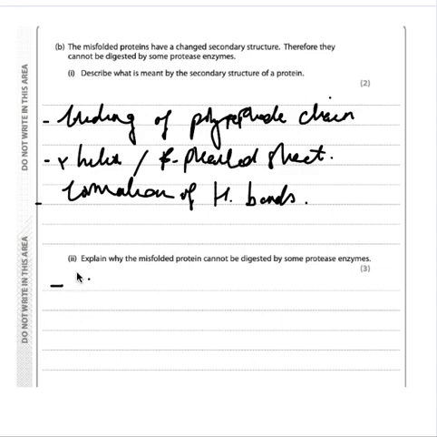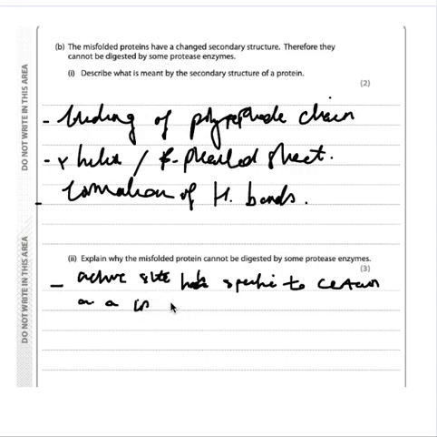And so you can say the active site is specific to certain amino acids in the protein.